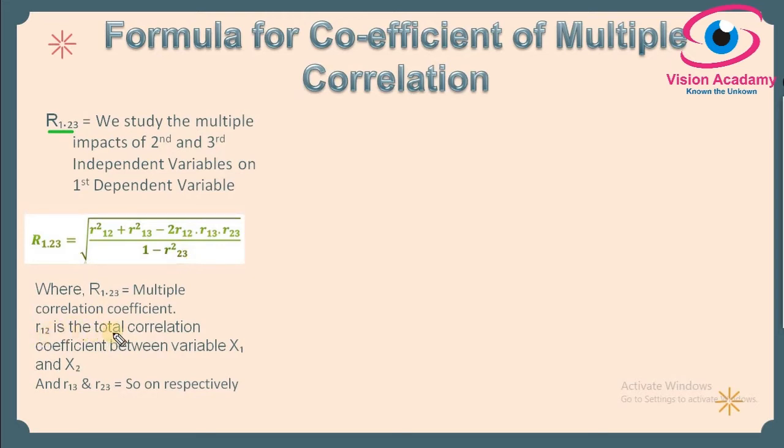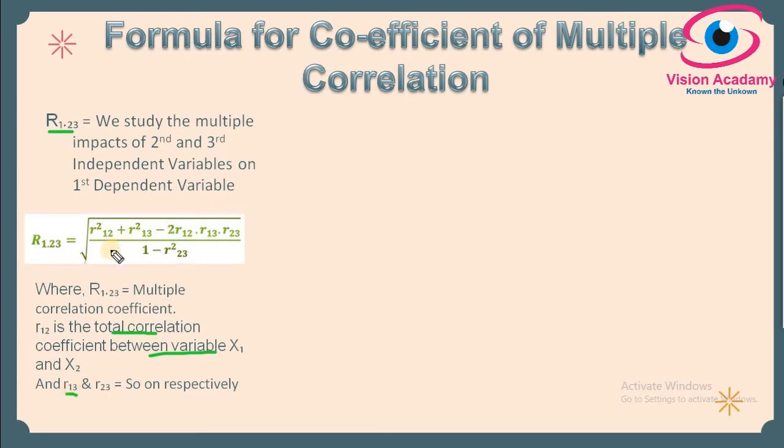R12 is the total correlation coefficient between variables x1 and x2, where 1 is x1 and 2 is x2. In the same way, R23 means total correlation between x2 and x3, and R13 means total correlation between x1 and x3.